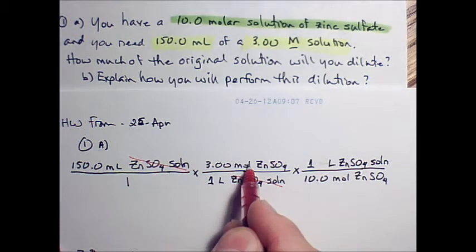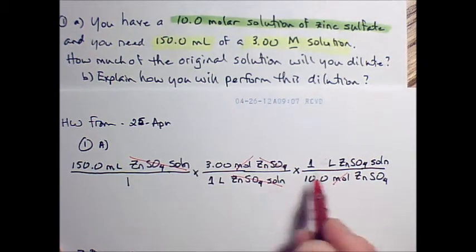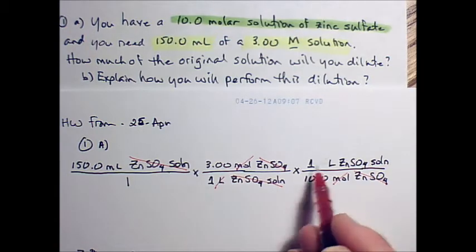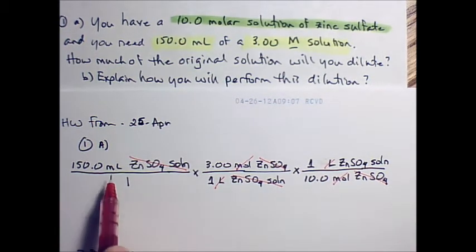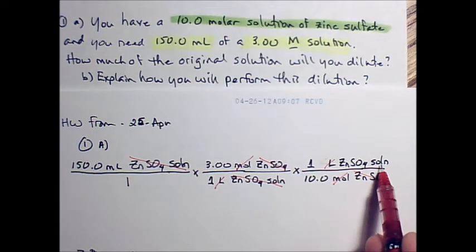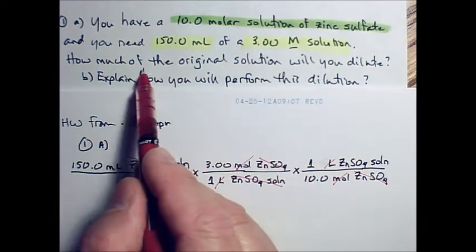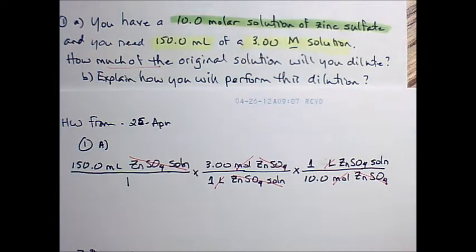So now we can cancel moles and the species, zinc sulfate, and I can cancel liters here and here. So what I have left now is milliliters of a zinc sulfate solution. That's what I'm looking for, an amount, how much of the original solution to dilute.